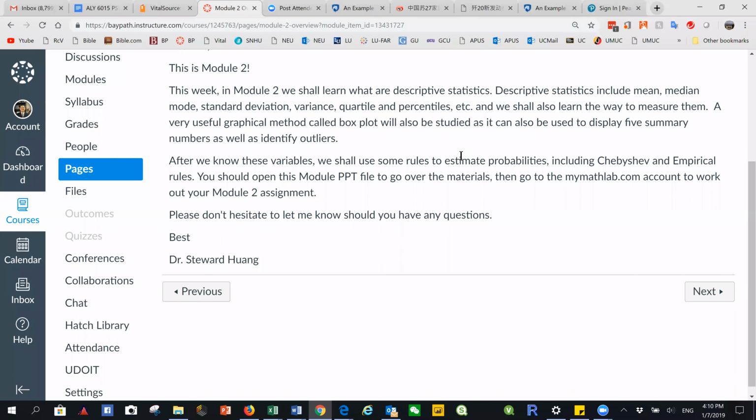Center is described by mean, median, and mode. These are the 3 most commonly used measures for center, and there are pros and cons for them. Sometimes we prefer to use the mean to the median and mode, and sometimes we prefer the median. That depends on the distribution of our data.